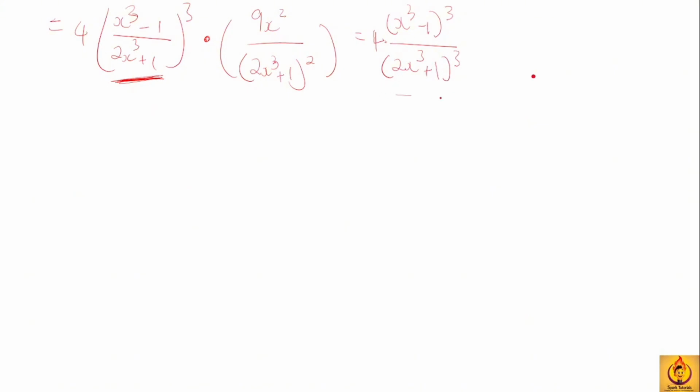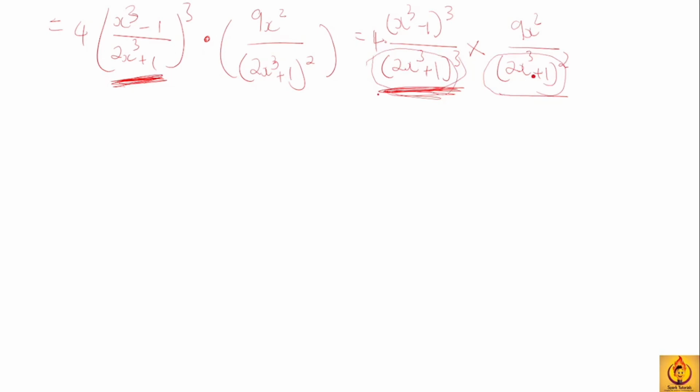This notation is the same as that notation. It means the same thing. We did not change anything. And then we multiply it by 9x squared divided by (2x cubed plus 1) to the power 2.